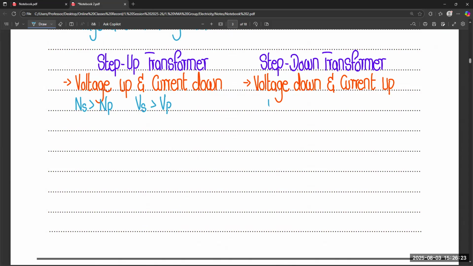In the same way, in a step down the number of turns in the primary coil is greater than the number of turns in the secondary, and voltage in the primary is also greater than voltage in the secondary. So number of turns and voltage are both directly proportional. If you increase the number of turns, voltage also increases.